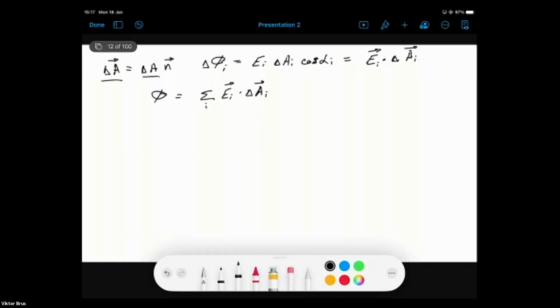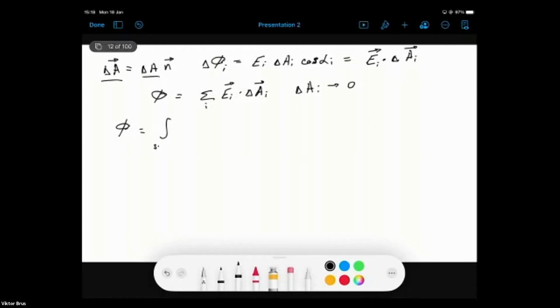So if we divide this surface into elements which are extremely small, so that delta A i approaches 0, then of course in the general case we can represent electric flux as the integral over the surface which we are interested in. So it will be an integral.